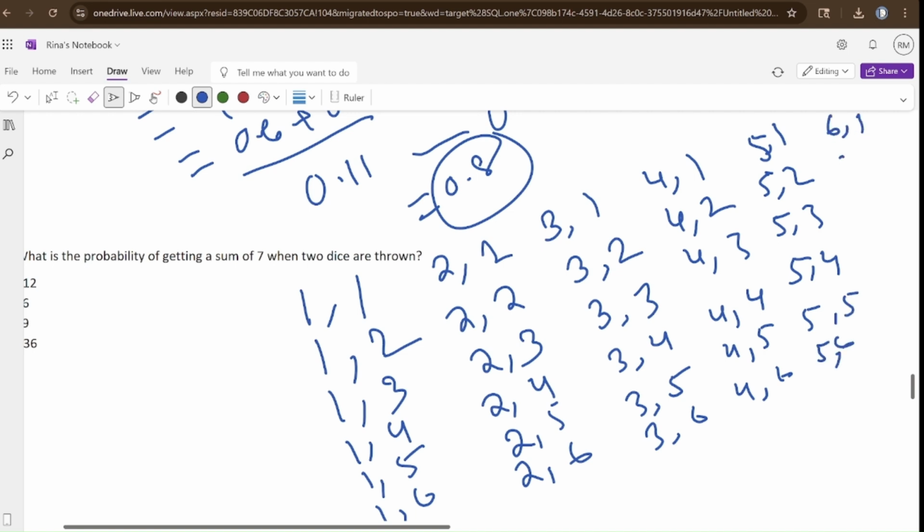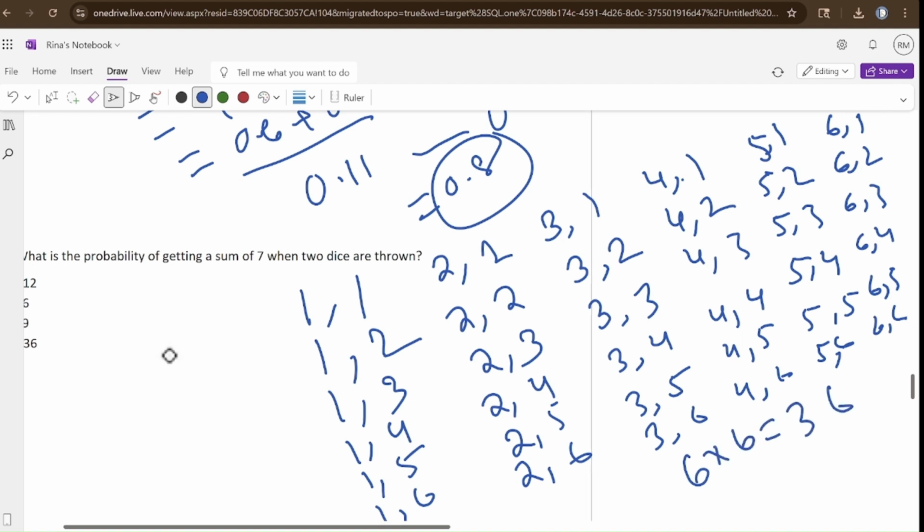And last 6, 1, 6, 2, 6, 3, 6, 4, 6, 5, 6, 6. So total 6 into 6 equal to 36. You can count 6, 12, 18, 24, 30, 36, right?